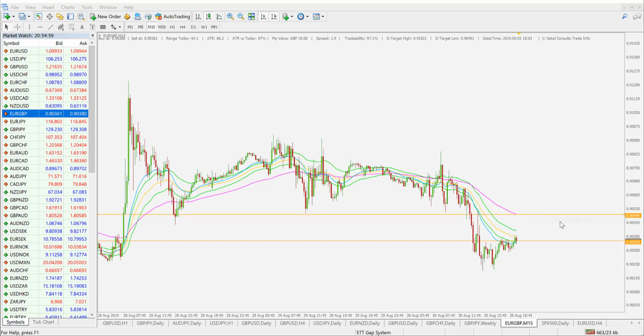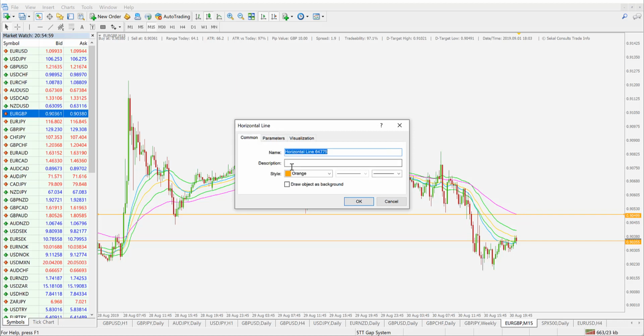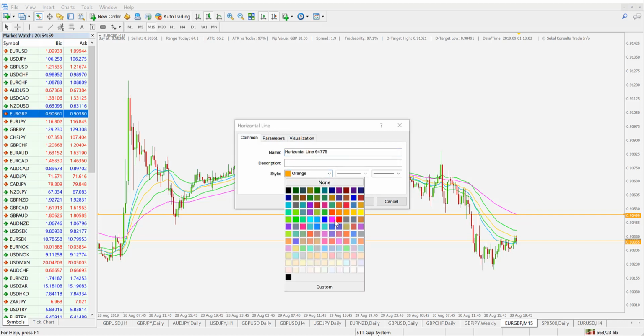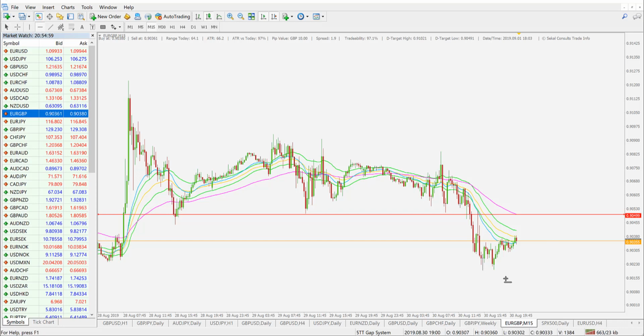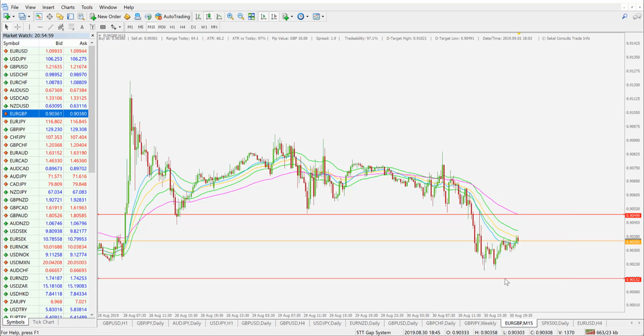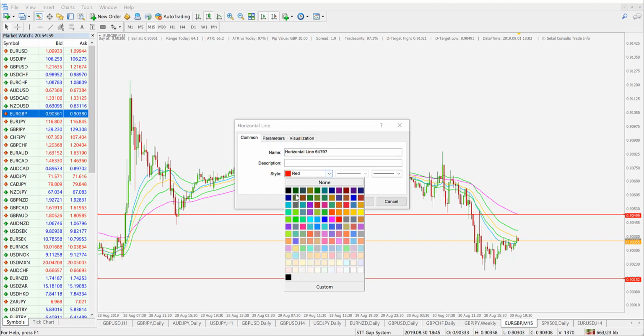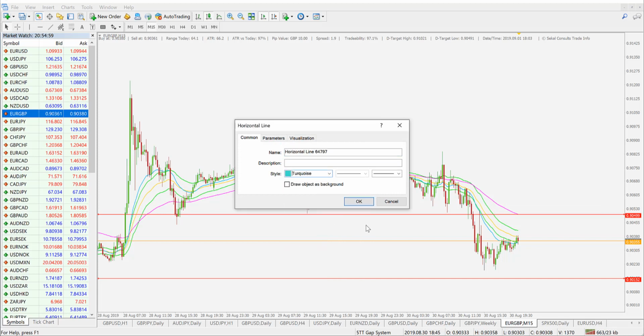So let's change that color to red to just make it different. And then my take profit, I want my take profit to be somewhere more than the stop loss. So around here, and let me change that color to, say, blue.